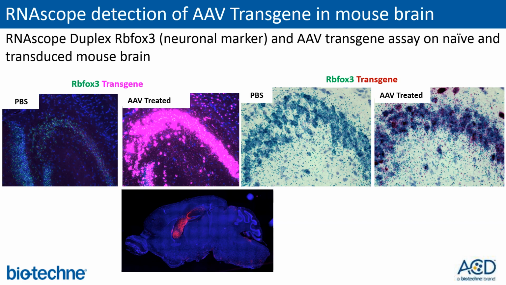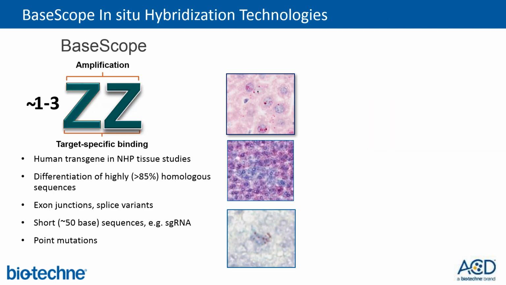So this is just a context in which to reintroduce the BaseScope assay, which is what we do recommend to customers anytime there is a very high level of homology between any background sequences or off-target sequences in the intended target.